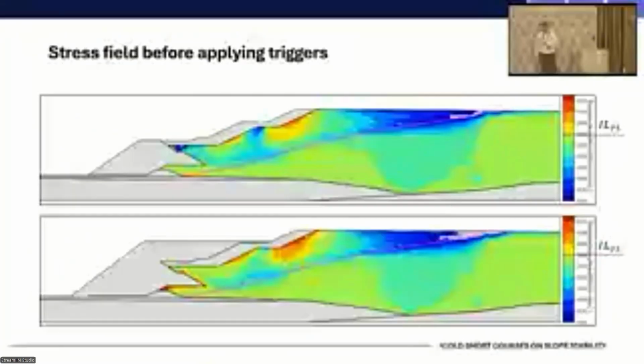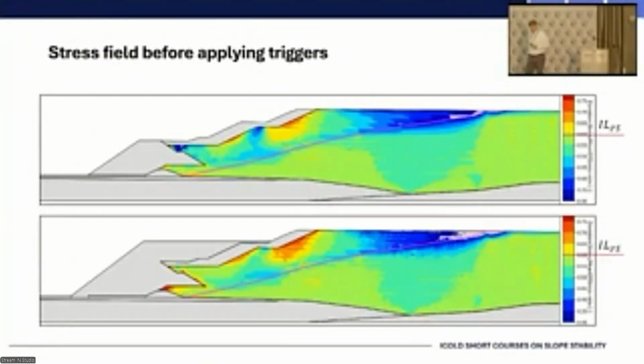So moving forward, you must get a stress field that is relevant for your analysis, which means the K naught far from the slope and the sigma 3 divided by sigma 1 ratio, which is what is plotted here, should be realistic or more or less make some sense.